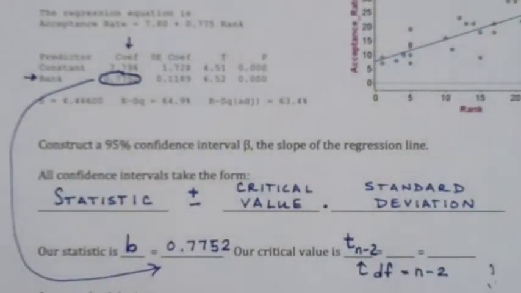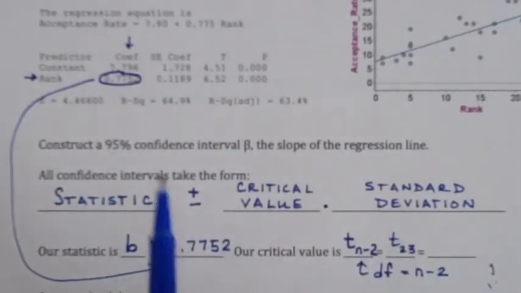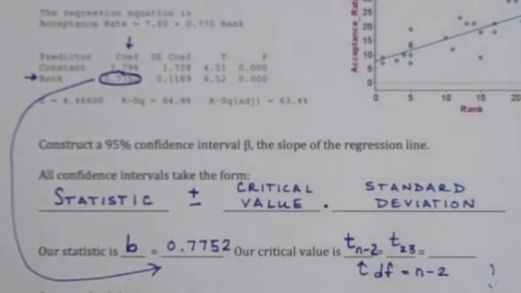There were 25 schools that we analyzed, so we're going to have a t with 23 degrees of freedom. And we have a 95% confidence interval, so you can get this information from your calculator.